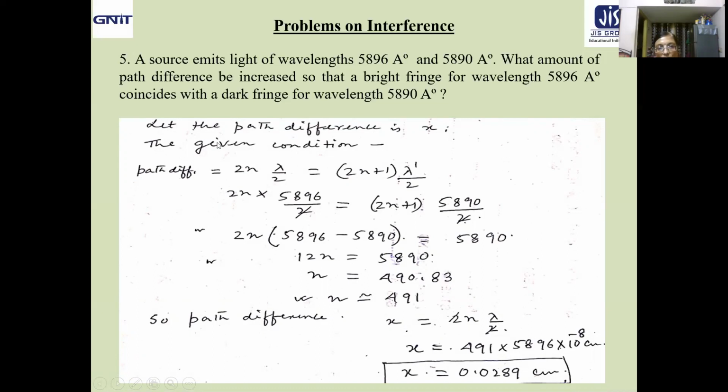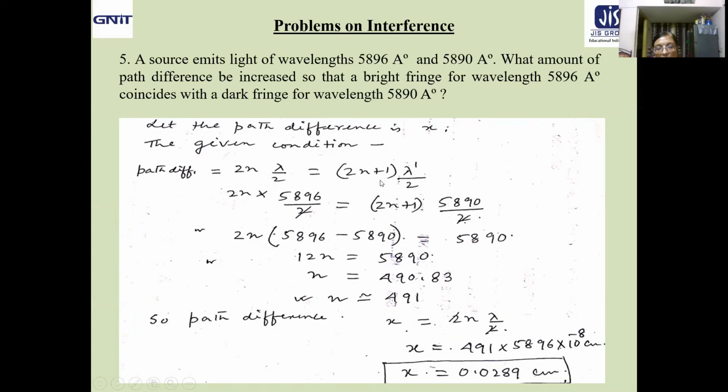Now what is asked to find out? Which path difference increase will satisfy these conditions. You got the order? Now which path difference increase? That means x equal to 2n lambda by 2 you can write, or you can write x equal to 2n plus 1 lambda prime by 2. Any one you can use. The n value is now known, the lambda value is given, you can find out x.